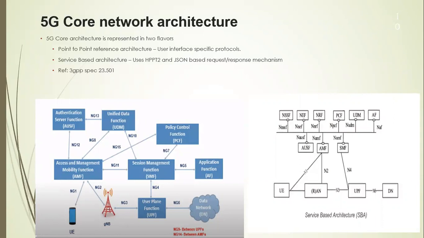UDM, Unified Data Management, is similar to our HSS in earlier legacy technologies. And AUSF, authentication server function. In legacy network, this functionality in some scenarios is part of HSS itself.